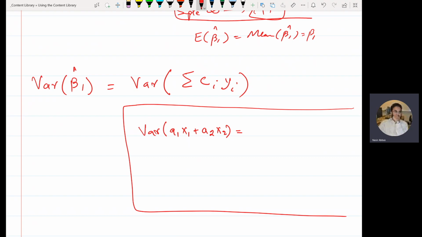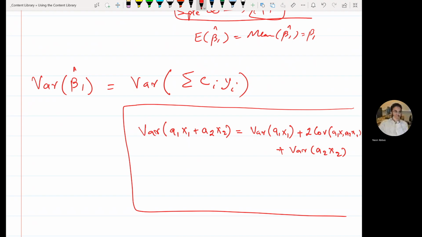Think of it like a quadratic formula. A plus B whole square is what? So it's basically variance of A1 x1 plus 2 times covariance of A1 x1 and A2 x2 plus variance of A2 x2. A square plus 2AB plus B square.